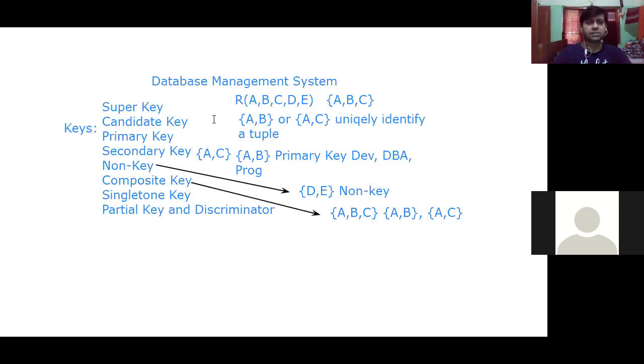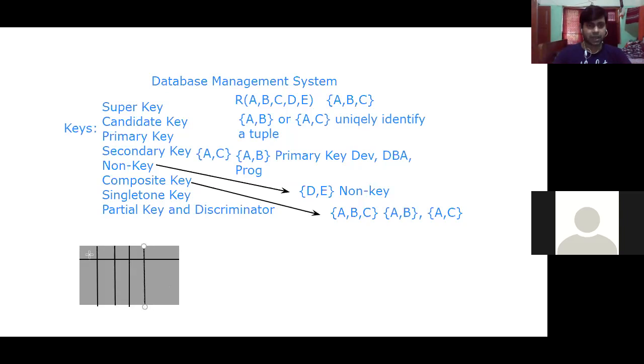Now suppose there is an example. Let's say this is an example of a table, and I'm giving an example of a table where we have several attributes on the top.